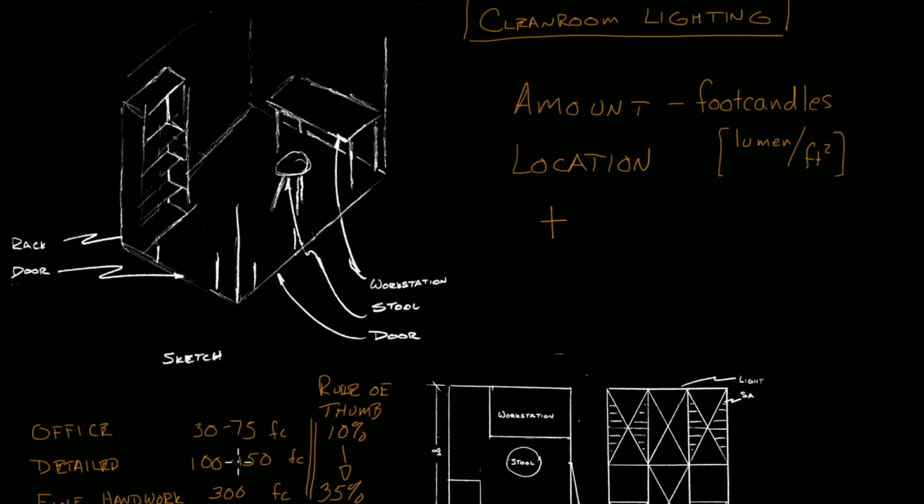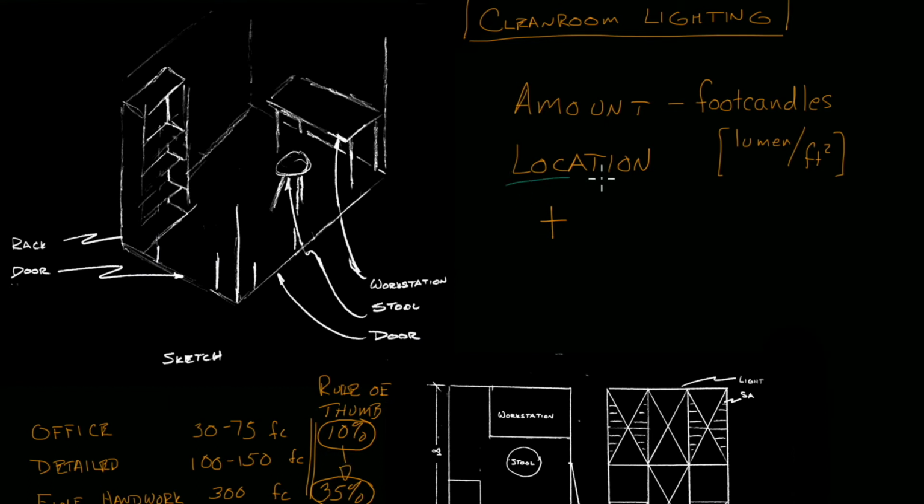So in other words, if you're using light fixtures in the ceiling, maybe 10% coverage, in other words, the entire ceiling is 10% covered with light, would be adequate for an office. And if you have fine handwork in manual labor or at a bench, you're looking at 35% or over a third of your ceiling covered with lights.